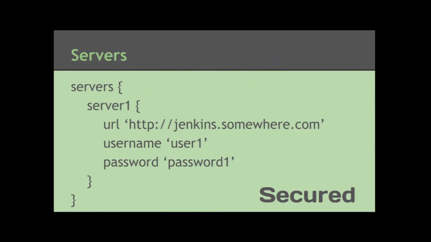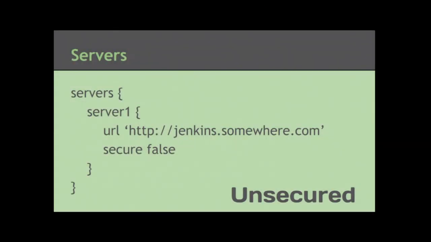If I were to put in an additional server, server2, it would just be another script block underneath this, all contained within the servers script block. At this point, I can refer to this server object as servers.server1. Like I said, we support unsecure servers, but because it's not the default, you have to explicitly tell it that it's not secure.